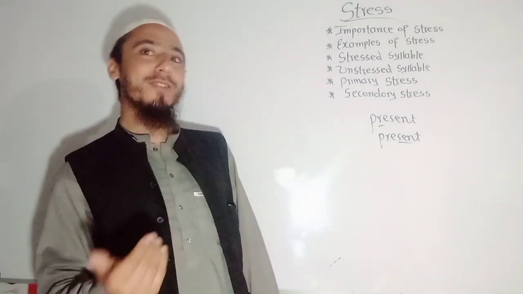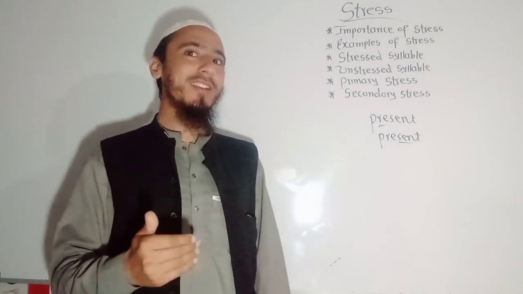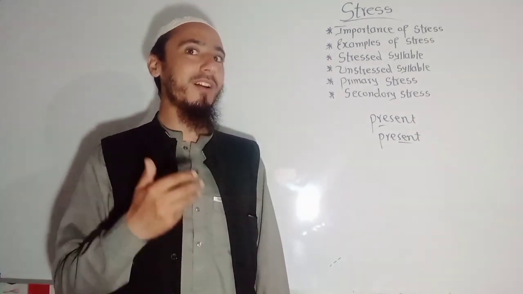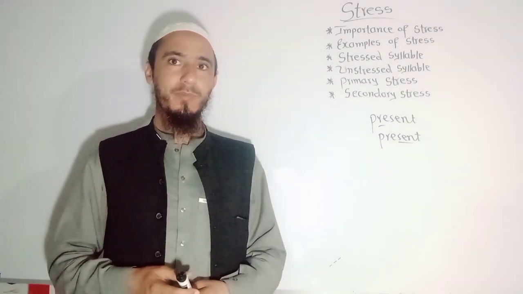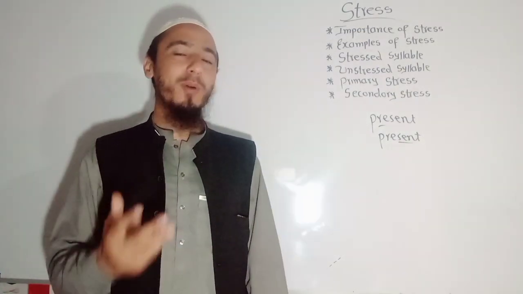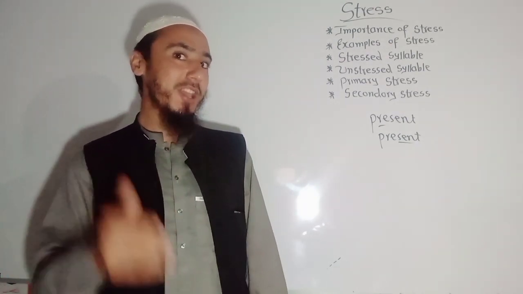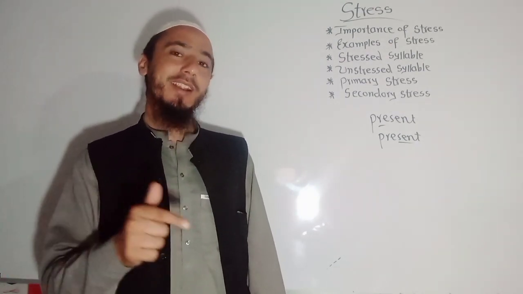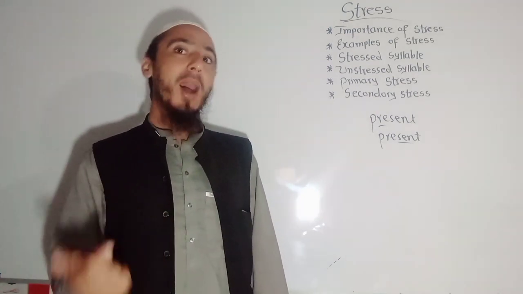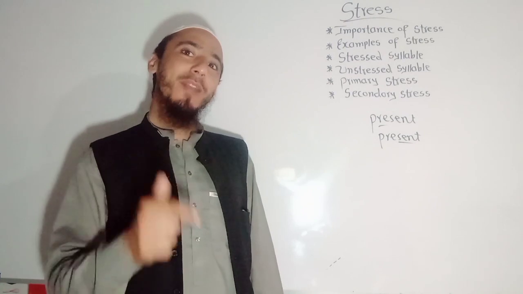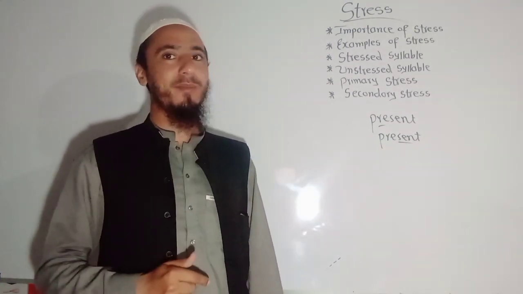And the syllable which is not stressed in the word is known as what kind of syllable? Unstressed. In other words, a part of a word which is not given emphasis is known as an unstressed syllable. A part of a word which is given emphasis is known as a stressed syllable.